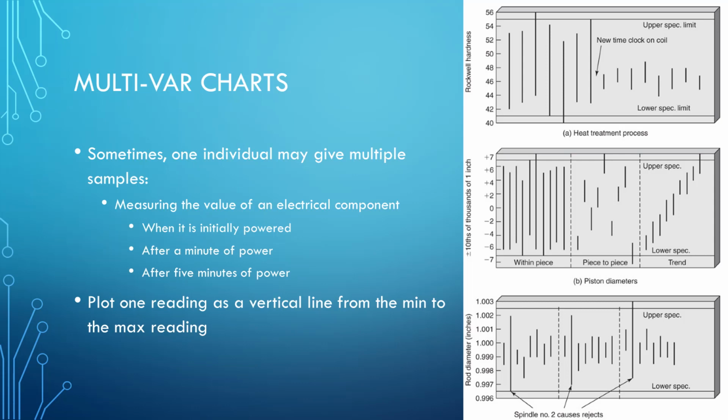Essentially, in these charts, each reading is plotted as a vertical line from min to max, and if you took more than 2 readings, you could mark where all of the individual readings were in that vertical column. In these kinds of charts, it's easy to see things like a lot of in-sample variance or a lot of between-sample variance, a trend, or when there's a particular pattern to where a bad reading is coming from.